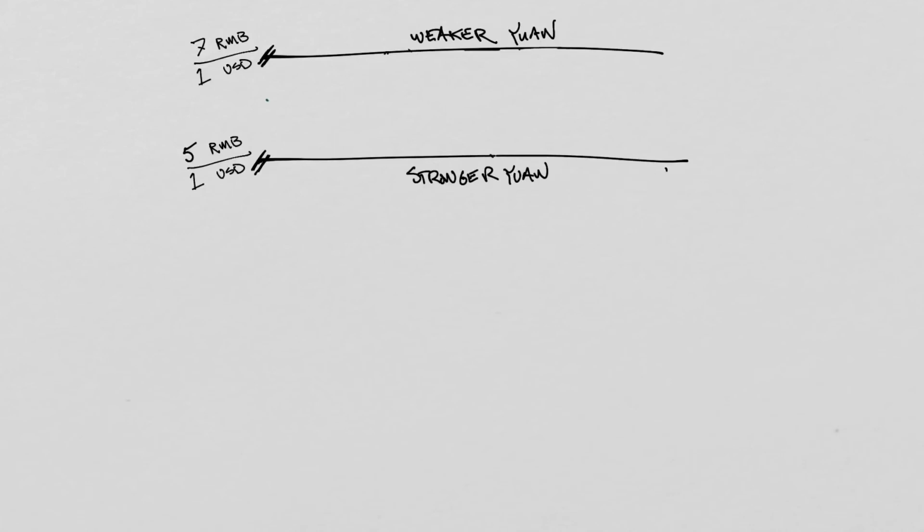So if the Central Bank of China, the PBOC, wants to make sure that the yuan doesn't get too strong, there's a relatively easy solution to make sure that the yuan doesn't reach this threshold. Because all they need to do to decrease the value of the yuan is to create more of it.